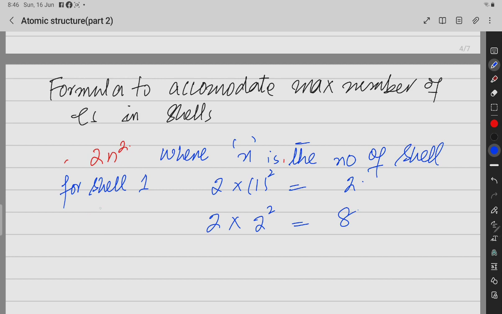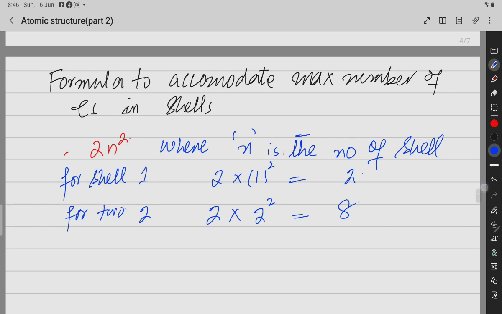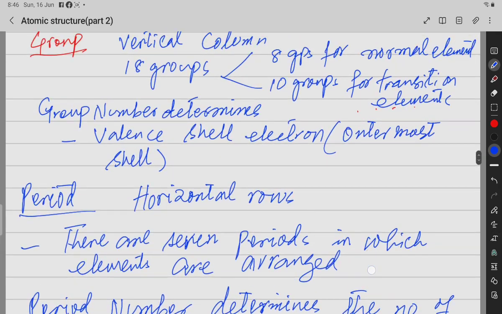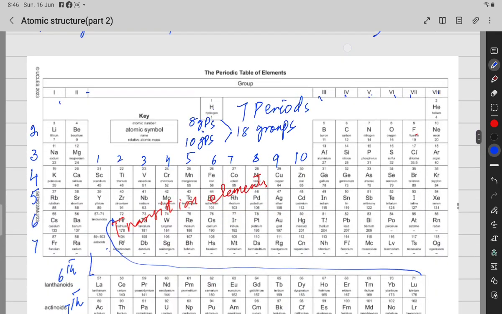But according to the O level syllabus we can apply this formula only for 2 shells, because we don't have 18 elements in the third period, since we don't have transition elements there.